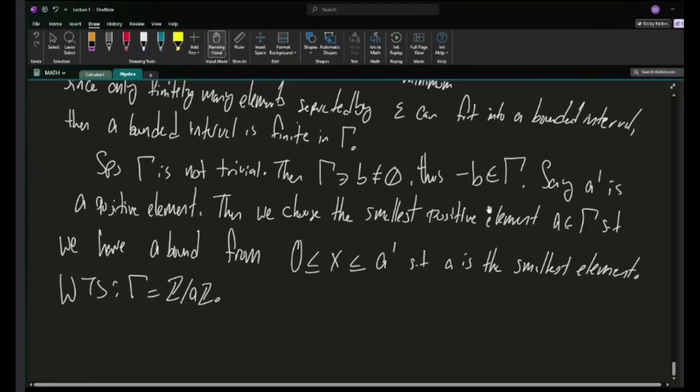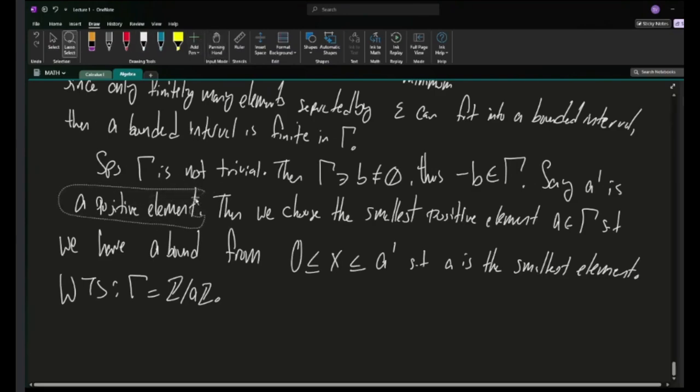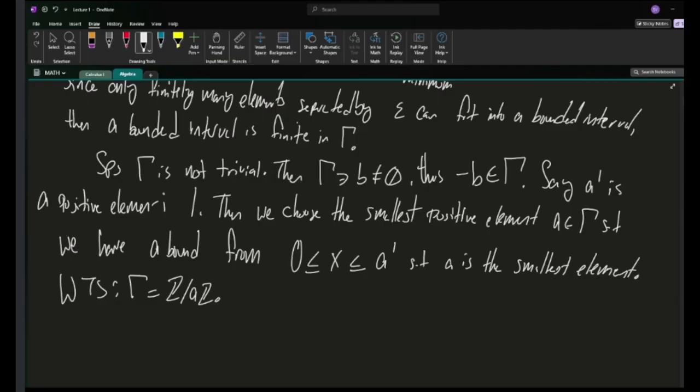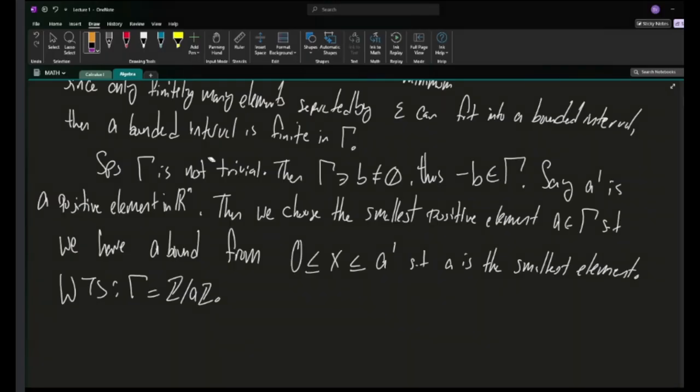A prime is a positive element, and this could be any sort of positive element. And so therefore A is also in Rn.